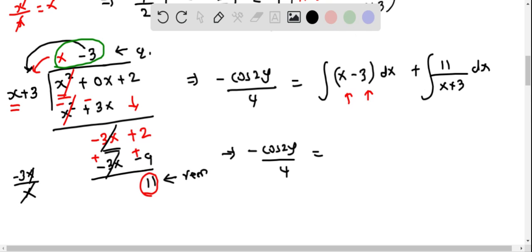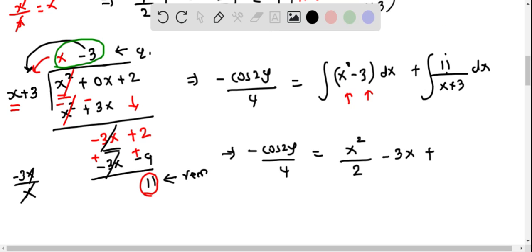Integration of x, when you apply the power rule, will be x raised to the power of 1 plus 1, because we have the power 1 here, so the powers will get added. So x raised to the power of 1 plus 1 is x squared over 2. And then negative 3 times the integration of a constant, which is just x. And then we put plus, we have to integrate the 11 over x plus 3.